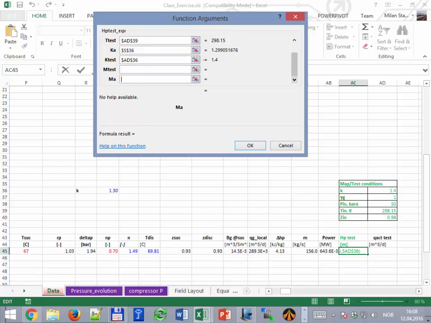And what else? The molecular weight of the test is, that's air, but I need the molecular weight. What's the molecular weight of the air? 28.97.